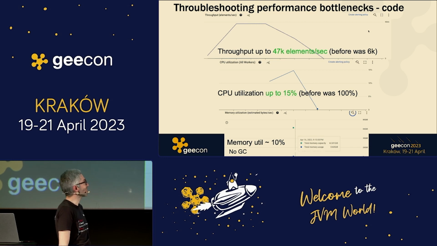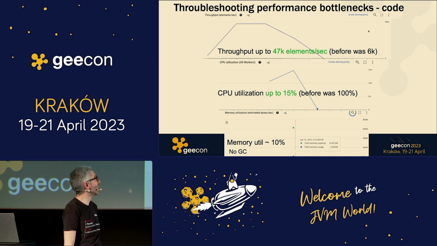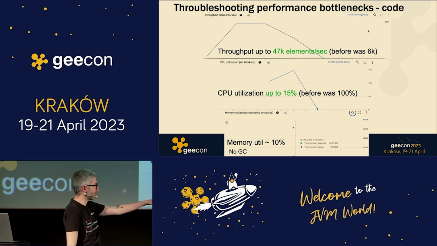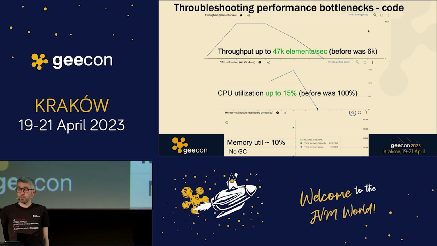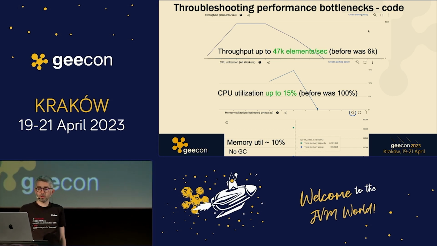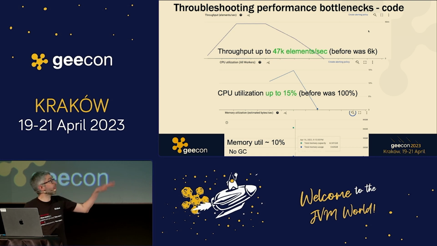CPU utilization was 100, and now it's only 15. And still, the memory is low, so there is no really GC happening here. So it's worth optimizing your user code to make sure that the overall pipeline execution will be faster.